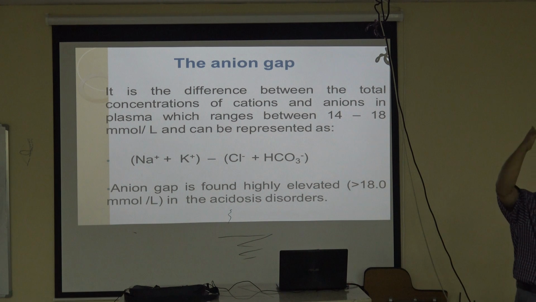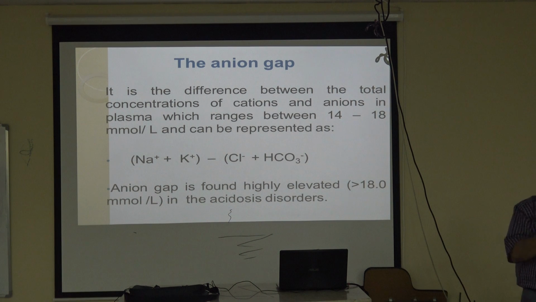So metabolic acidosis are categorized under two headings. Some metabolic acidosis in which the anion gap remains normal, and there are certain metabolic acidosis disorders in which the anion gap becomes increased.